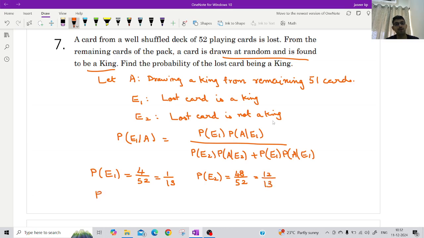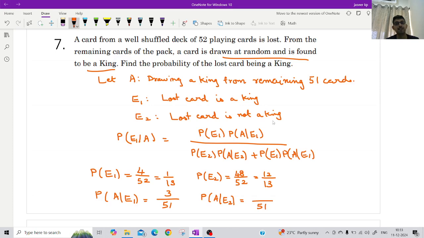Now probability of A given E1. So what does that mean? If the lost card is a king, what is the probability of drawing a king card? So total will be 51. Out of that, the number of kings is also reduced by 1. So it's 3 by 51, because the number of kings is reduced, because the lost card is a king. So total is 51 in the second case also.